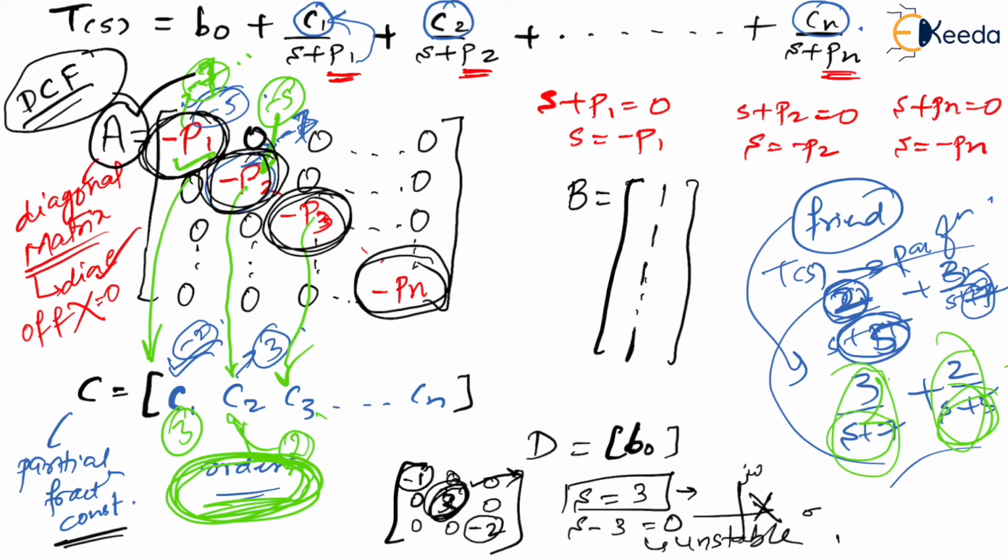Anyways, another important point is if matrix A is singular. Please tell me, what is the determinant of a diagonal matrix?